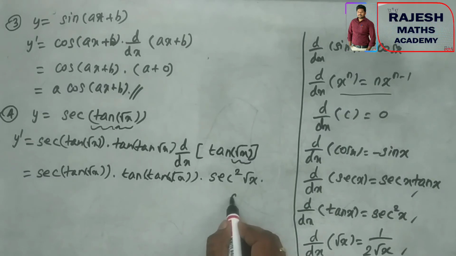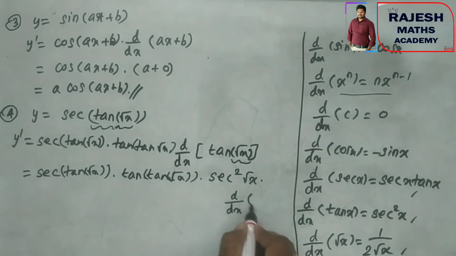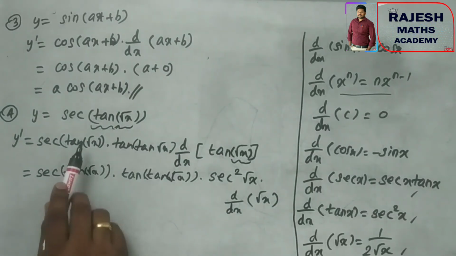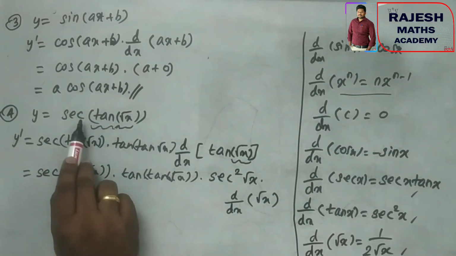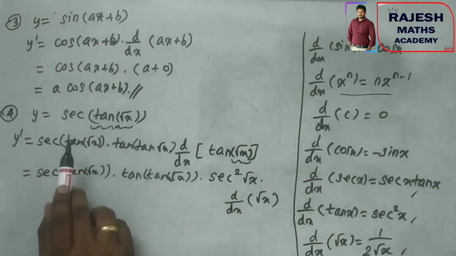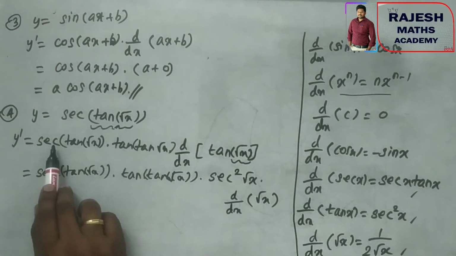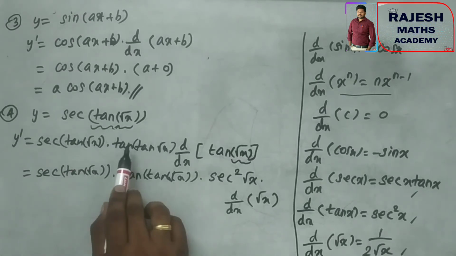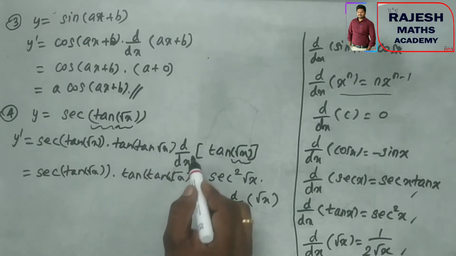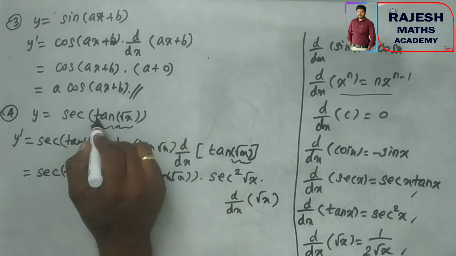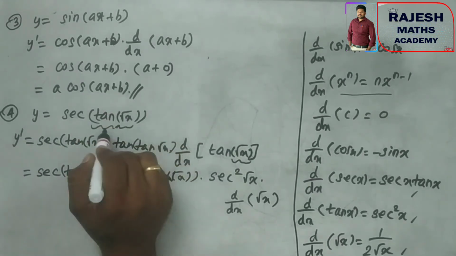Finally, what we have to multiply? We have to multiply d by dx of root x. Clear? So the first time, I applied secant of tan x, meaning I differentiated secant x, that is secant x tan x, so secant of tan root x into tan of tan root x. Then I am differentiating what is in the place of x, that is tan of root x.